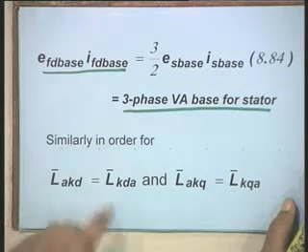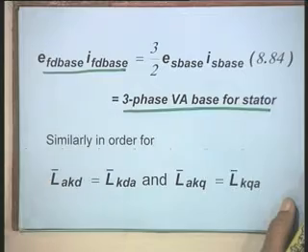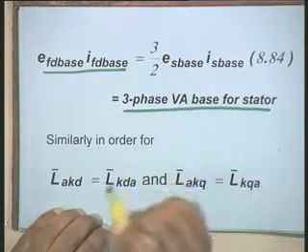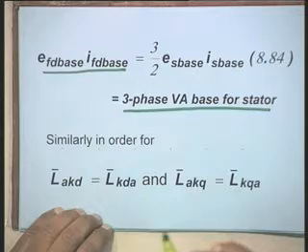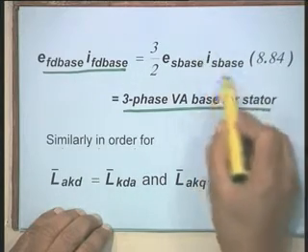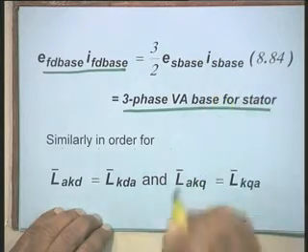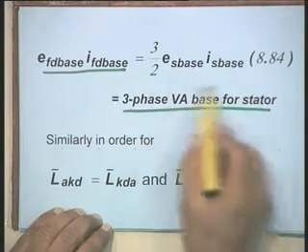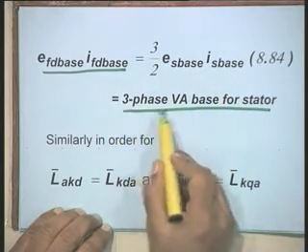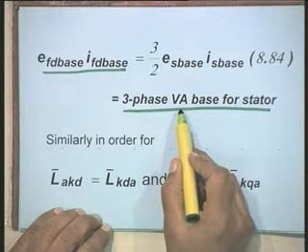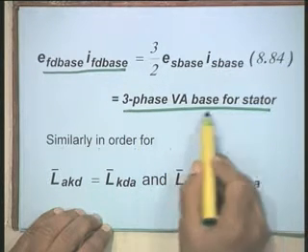That is, in the stator circuit, when you assume the base voltage as the peak value of the phase voltage, and the base current in the stator circuit as the peak value of the phase current, we have established that this quantity is equal to 3 times VA base for the stator.